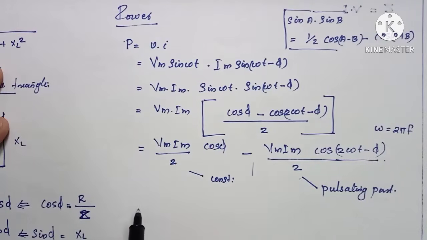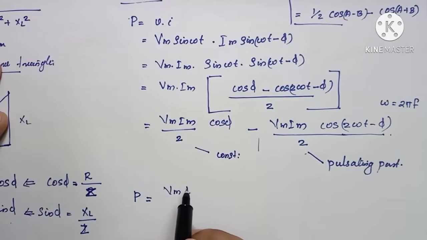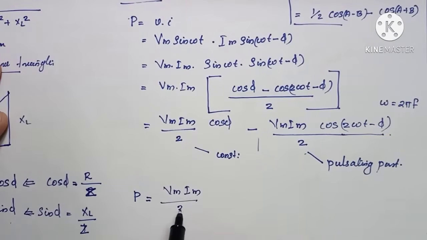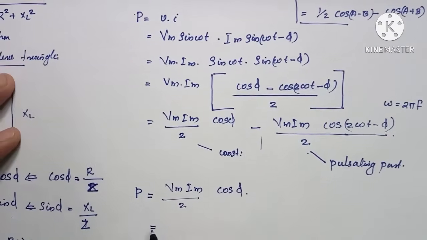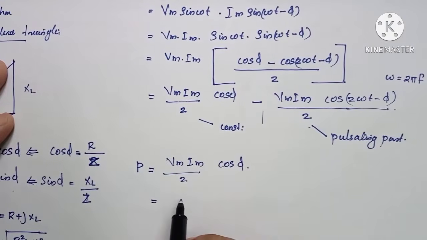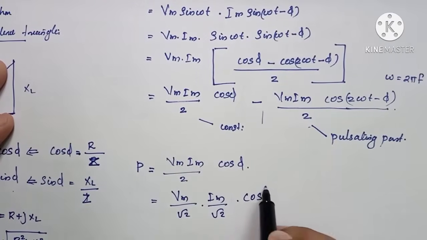Finally P will be equal to Vm Im by 2 into cos phi, or cos theta. I can rearrange this as Vm by root 2 into Im by root 2 into cos phi.